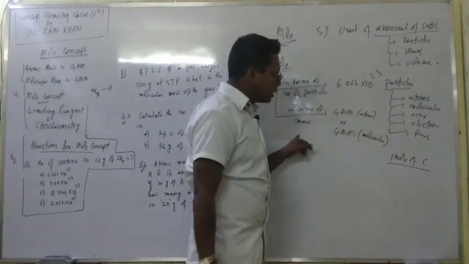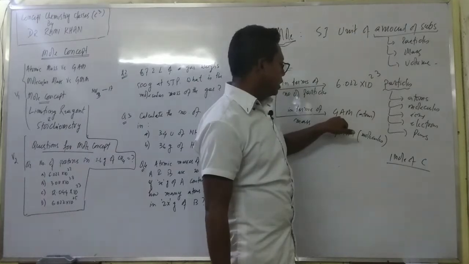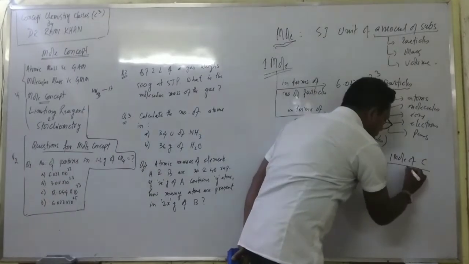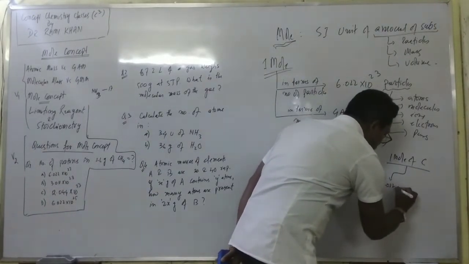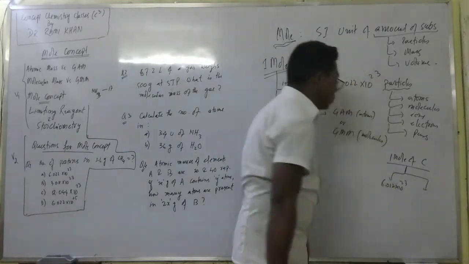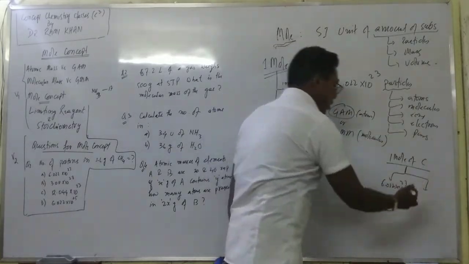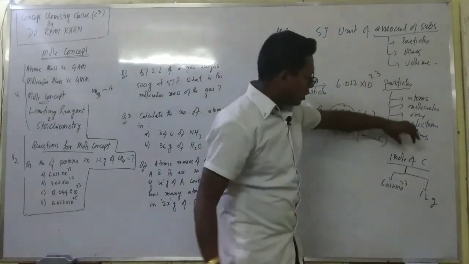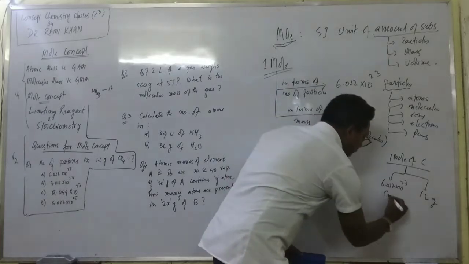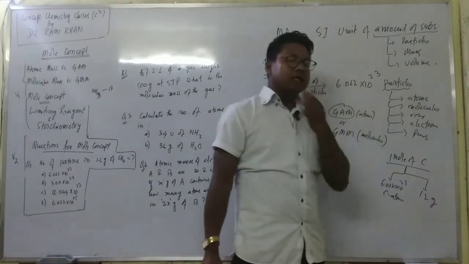And in terms of mass, 1 mole of carbon will have a mass of its gram atomic mass, that is 12 gram. 1 mole of carbon contains 6.022 into 10 to the power 23 carbon atoms, and 1 mole of carbon also has a mass equal to its gram atomic mass, that is 12 gram. So these three terms are equal. 1 mole of carbon, this is in terms of mole, and this is carbon atoms, this is in terms of number of particles, and this 12 gram is in terms of mass.